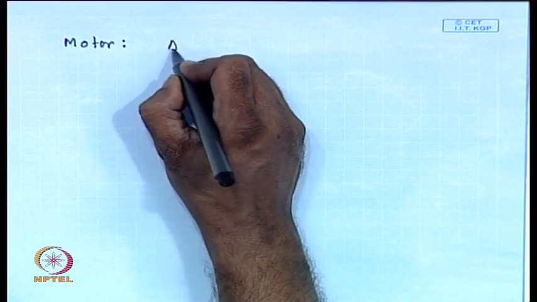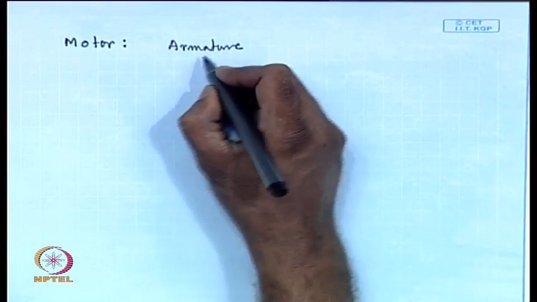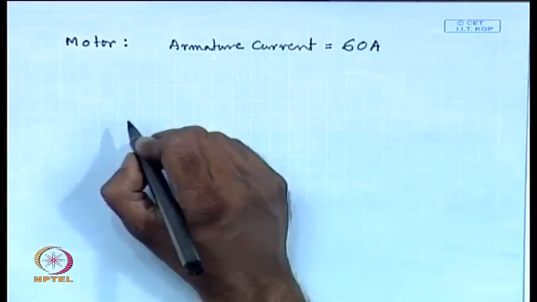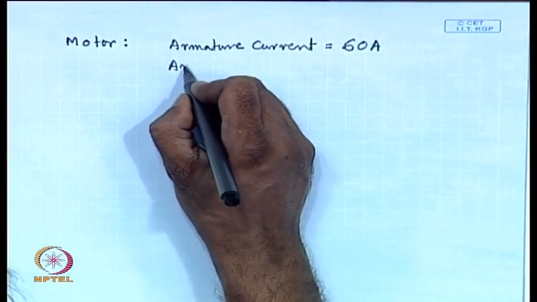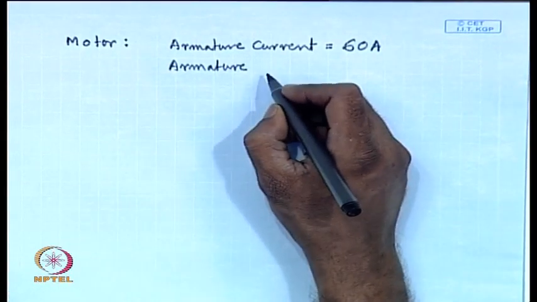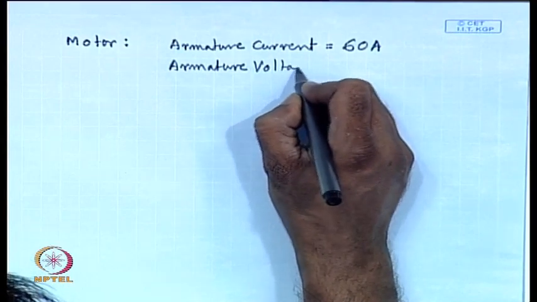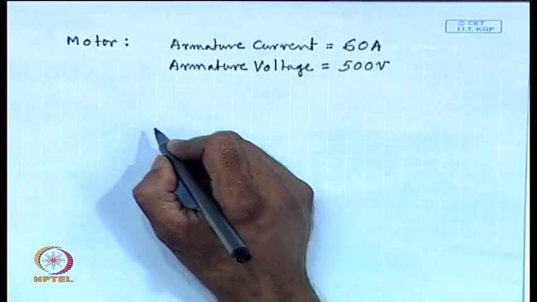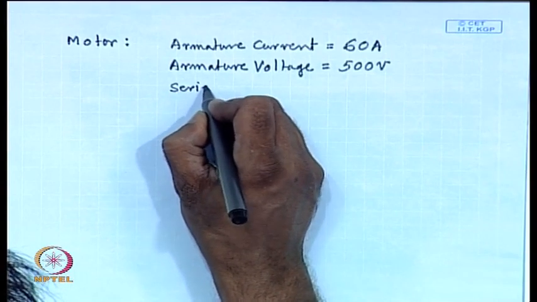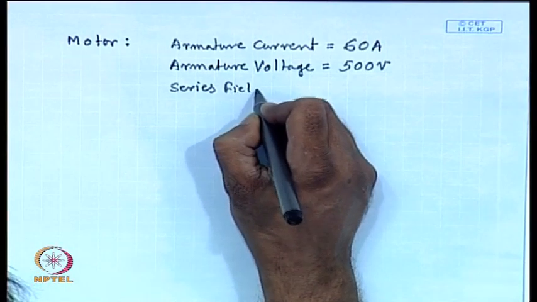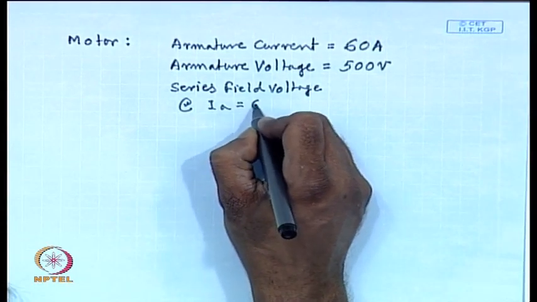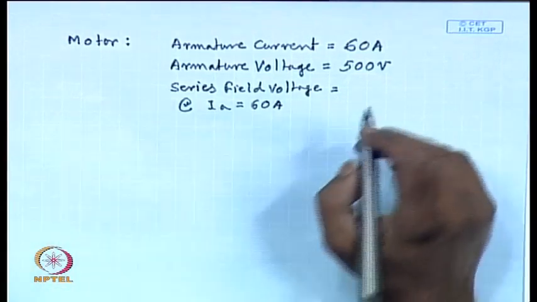For the motor, the data is like this: the armature current is 60 ampere, armature voltage equal to 500 volts, series field voltage at I A equal to 60 ampere comes to 40 volts.